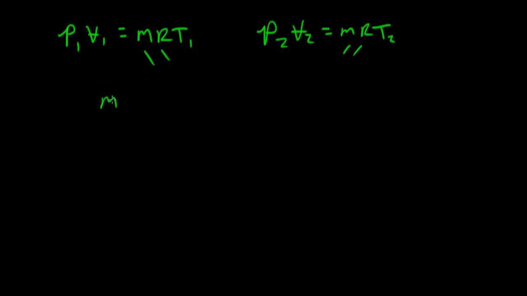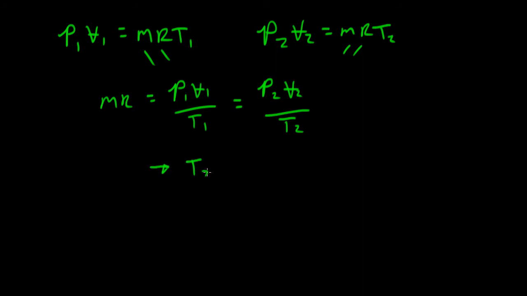We find that mR is equal to P1 V1 over T1, which is equal to P2 V2 over T2. We can solve this for the temperature at the end of the compression stroke. T2 is equal to T1 times P2 V2 divided by P1 V1.